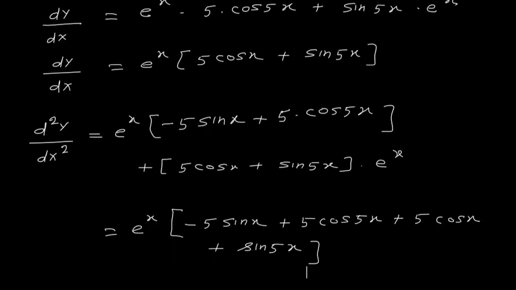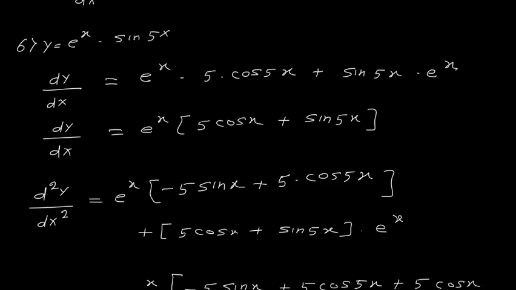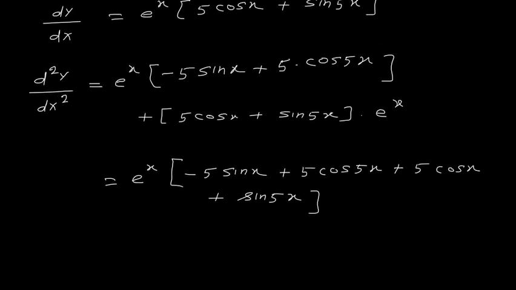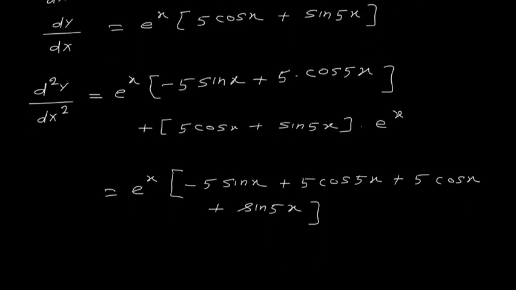Let us recheck whether we have done okay. First we differentiate e power x into sin 5x: 5 into cos 5x plus sin 5x into e power x. Okay, then we differentiate again. So it is e power x. Now this 5 cos 5x gives minus 25 sin 5x, this sin 5x gives plus 5 cos 5x, and then 5 cos 5x plus sin 5x into e power x.